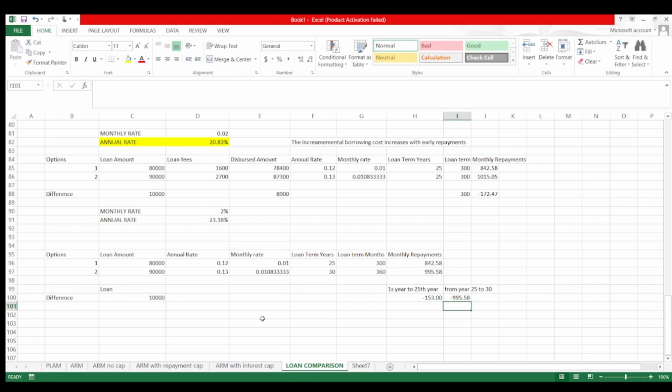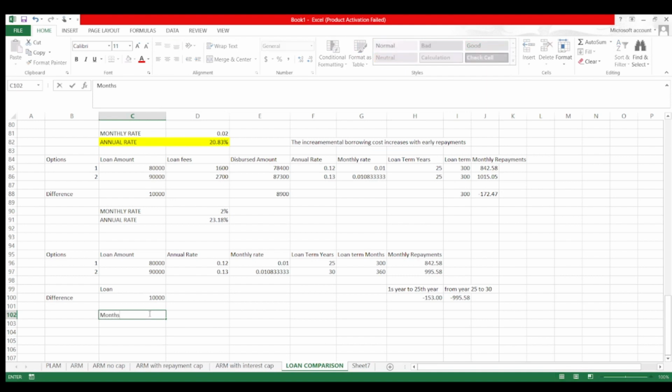So if you're to calculate the rate which will apply, if you have a present value of 10,000 and monthly repayments of 153 for 25 years, and later on after that, for the next 5 years, you're paying 995.58. So the way to easily do this is to create now the cash flow table for us to easily understand this.